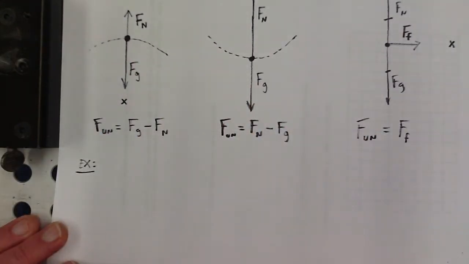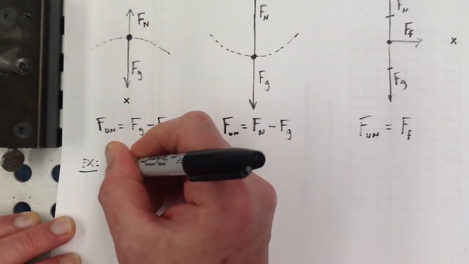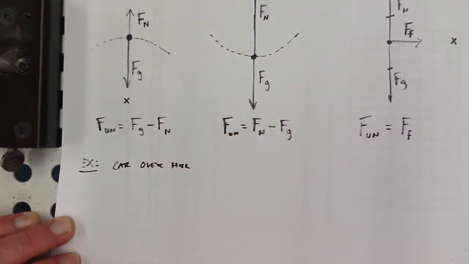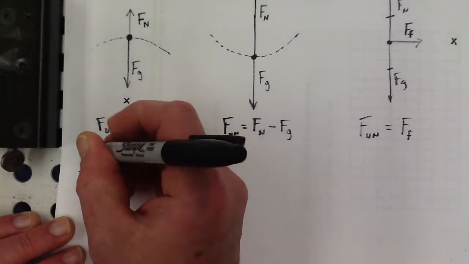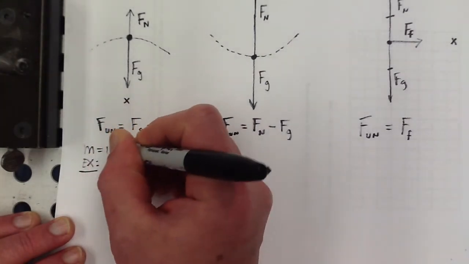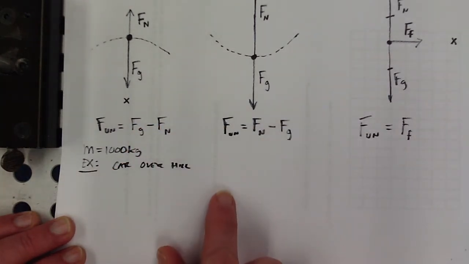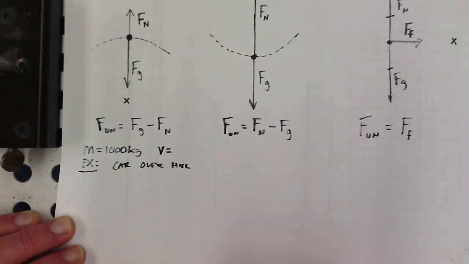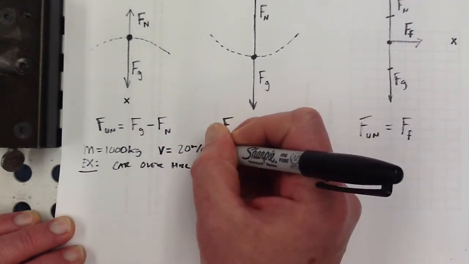I'll do examples. Actually, I'll do 3 quick examples here. So for this one, we'll say car over a hill, and in all 3 of these, let's make the mass of the car 1,000 kilograms, and let's make the speed of the car equal to, let's see, how about 20 meters per second, that's about 40 miles an hour-ish.